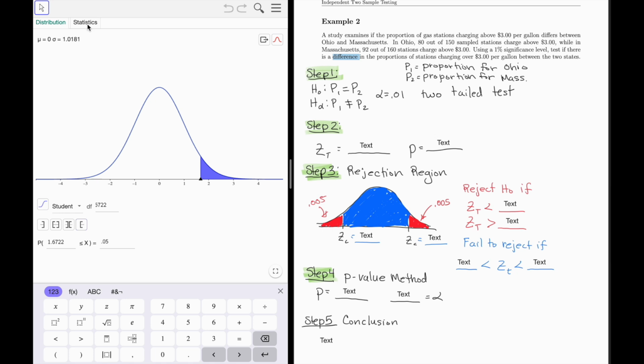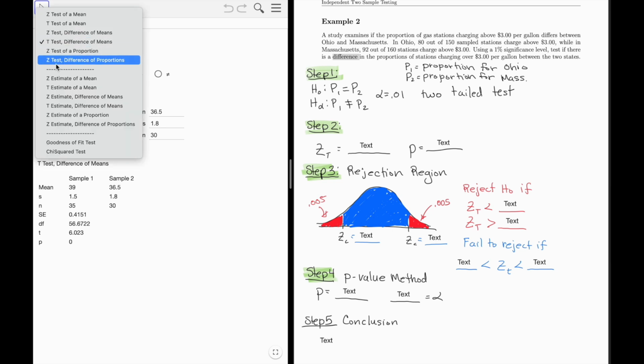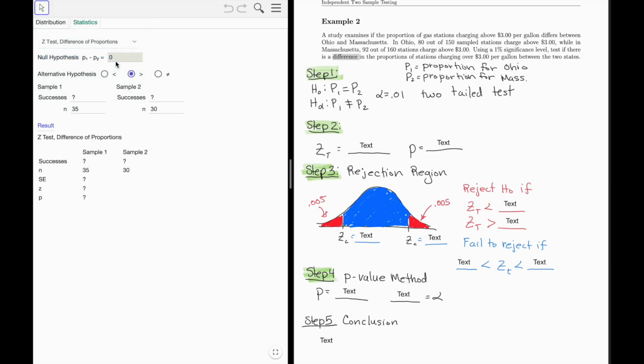So I'm going to come over and click on my Statistics tab. I'm going to come down and do a z-test difference of proportions. For the null hypothesis, we're stating that P1 is equal to P2. That is the same thing as saying P1 minus P2 is equal to 0. We're doing a two-tailed test, so I'm going to choose the not equal to sign. Now I'm going to put in the information for both samples.